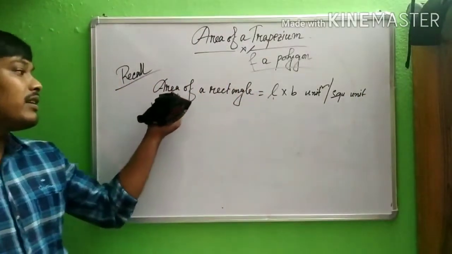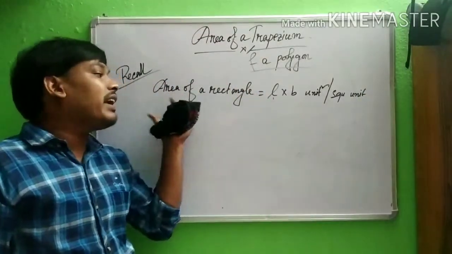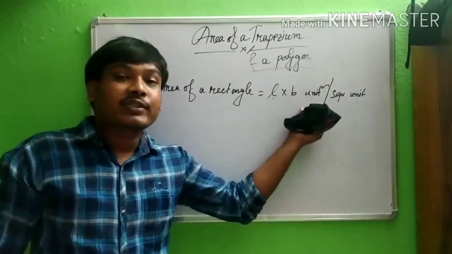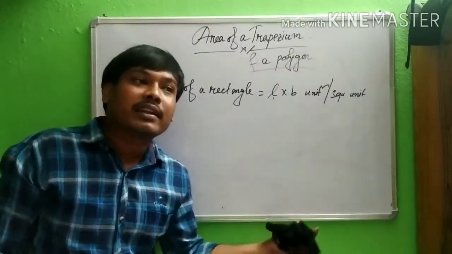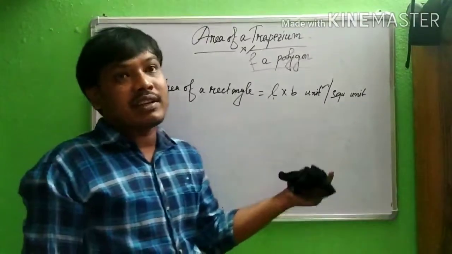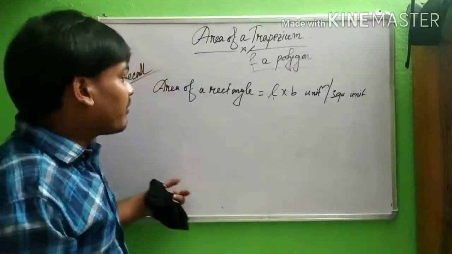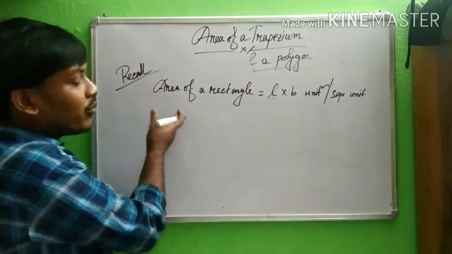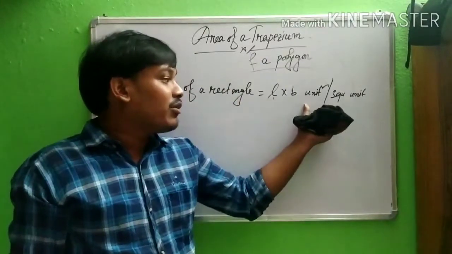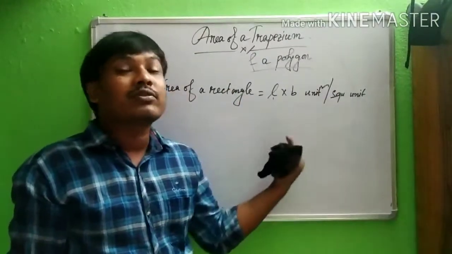And one thing, always the unit of area is unit square. That means centimeter square, meter square, kilometer square, not centimeter or meter. Okay. So keep in mind, when you talk about area, the unit must be unit square or square unit.